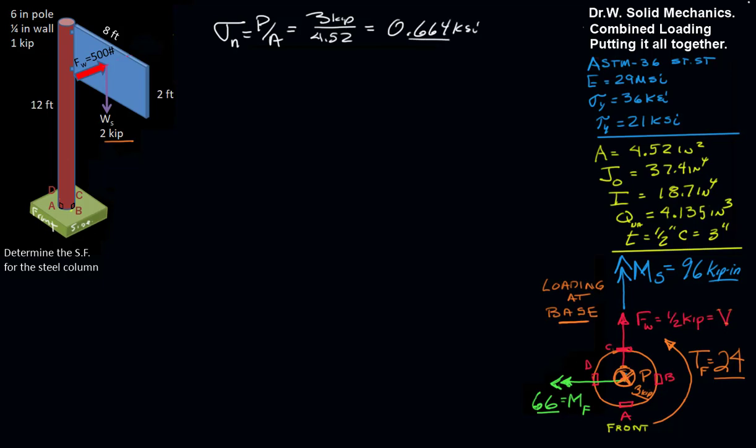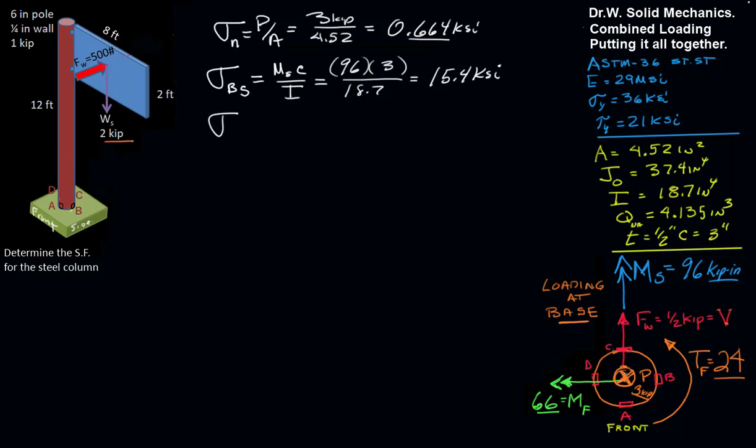We can compute the bending stress, and there's 2 of them. So we'll do the bending stress due to the weight of the sign. That'll be M_S c on I, and it'll be 96 kip inches times 3 inches divided by the I of 18.7. And we'll get 15.4 KSI from that.